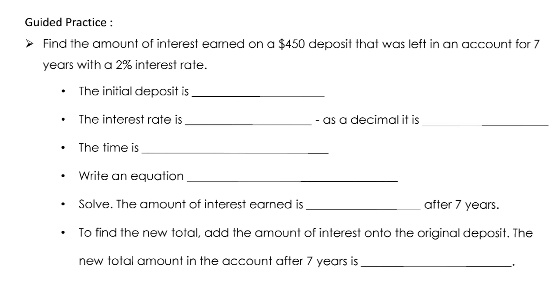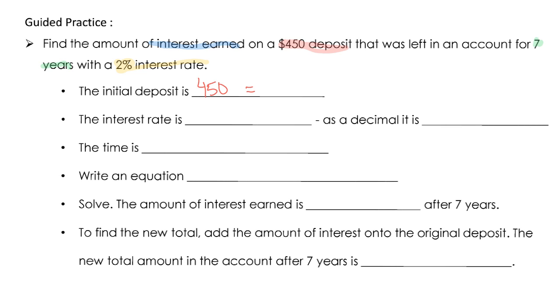So we are asked to find the amount of interest. So find the interest earned when we have a $450 deposit that was left in the account for 7 years with a 2% interest rate. So let's break this apart. The initial deposit is $450.